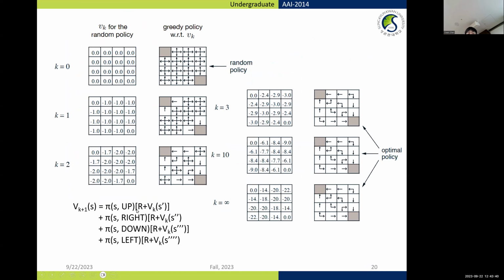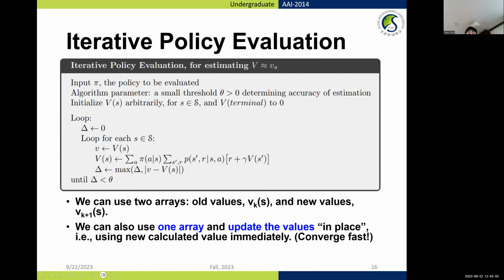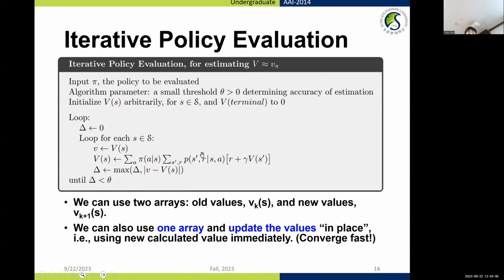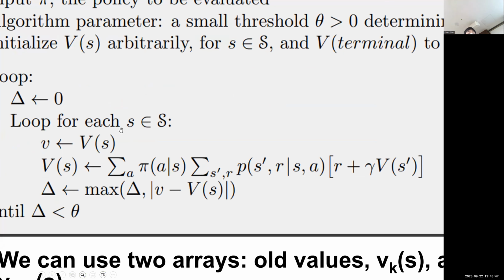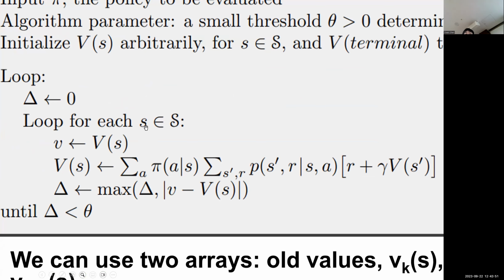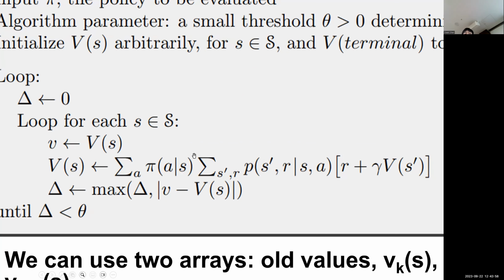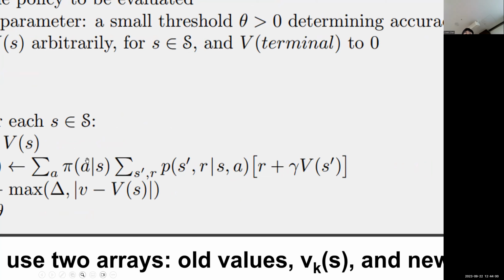Also, based on the equations here, we are updating the process. We look through every state, right? For each state we initialize the value, then we update the value based on the Bellman equation. The Bellman equation is that this is the policy, the 0.25.